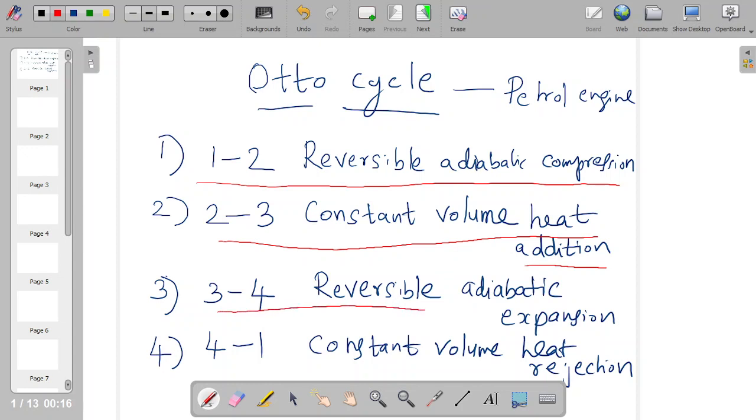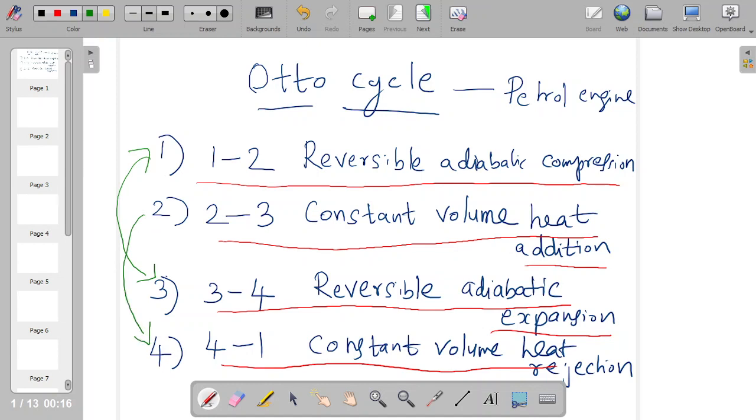Then we are producing work by expansion of that air, and finally we are rejecting heat at a constant volume. So you can see here 1 and 3 are just the opposite, and similarly 2 and 4 are just opposite. So that is how the Otto cycle processes are constituted.